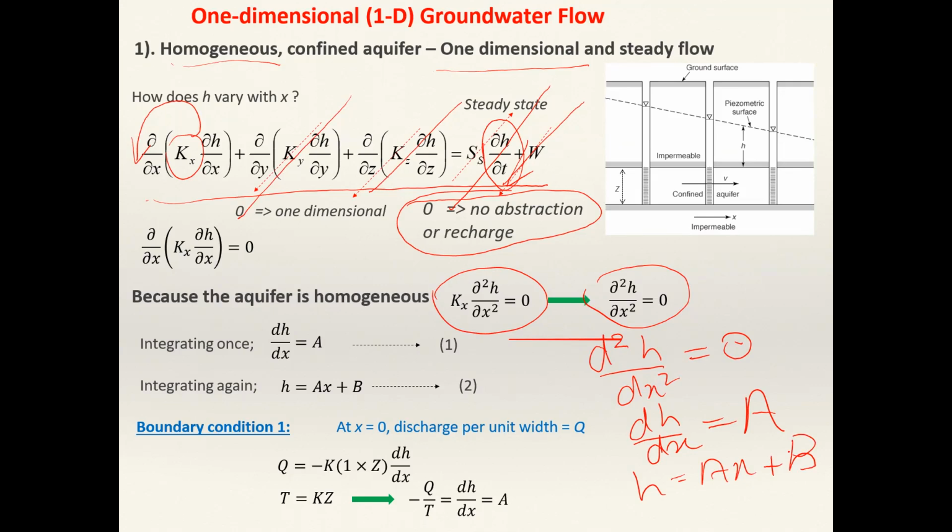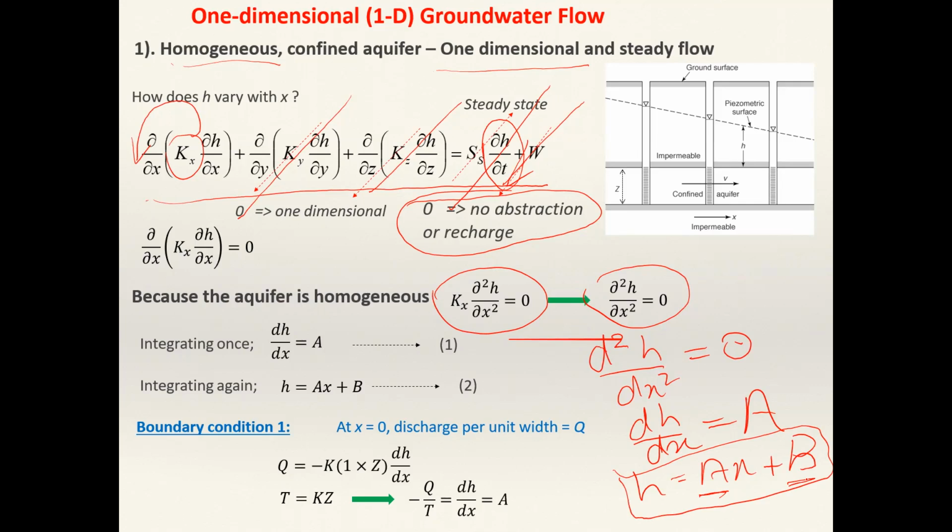Having two boundary conditions will give you the profile of your piezometric head. If it is a confined aquifer, it is the piezometric head. If it is an unconfined aquifer, it is the water table. How this piezometric head changes along the X direction will be given by this equation. What you need is to find A and B. Two boundary conditions will be enough to find A and B. All right?